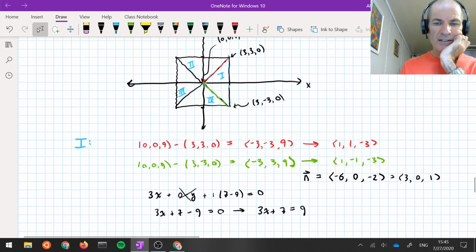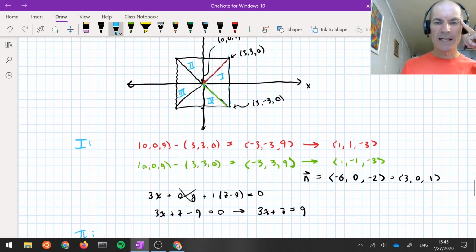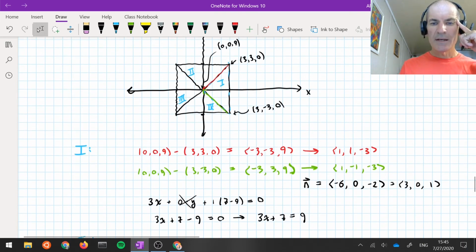So what we need is to figure out how we would tweak this to maybe satisfy the second plane. So the second plane, if you plug in 3, 3, 0, you get 3 times 3 plus 0 equals 9. Yay, that checks out. And if you plug in 0, 0, 9, which is the point at the peak, you get the right answer again.